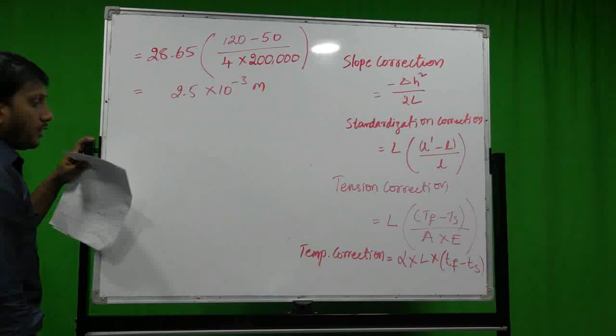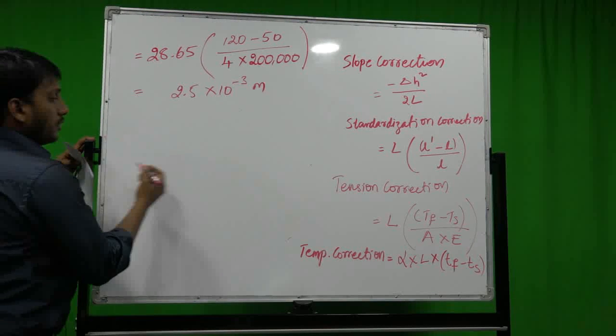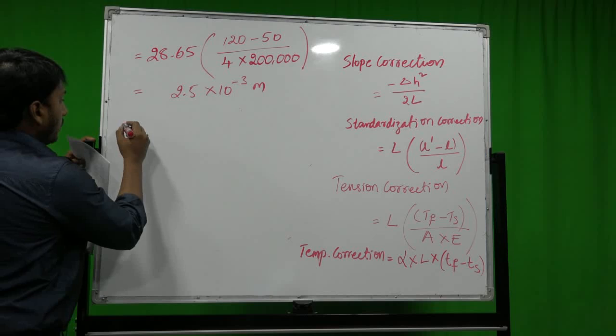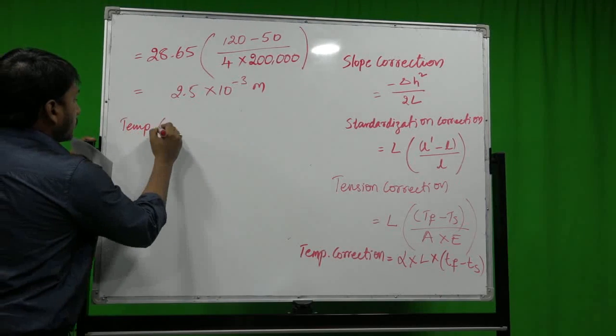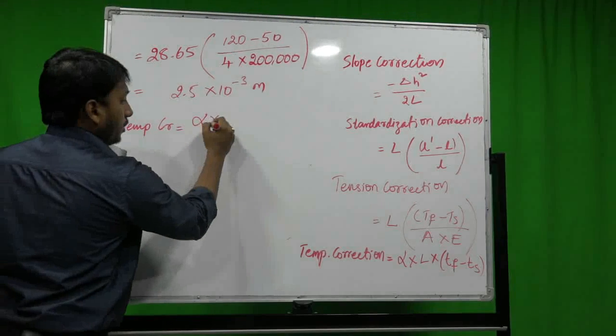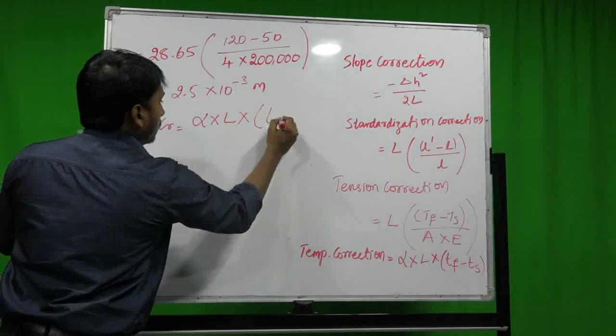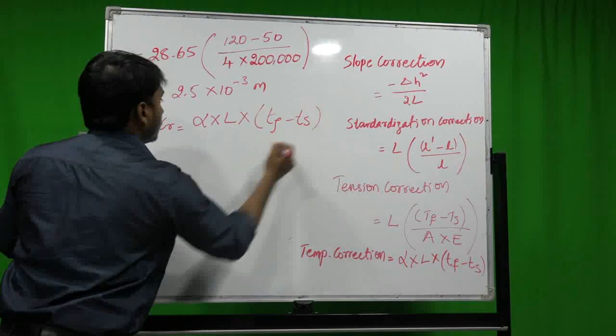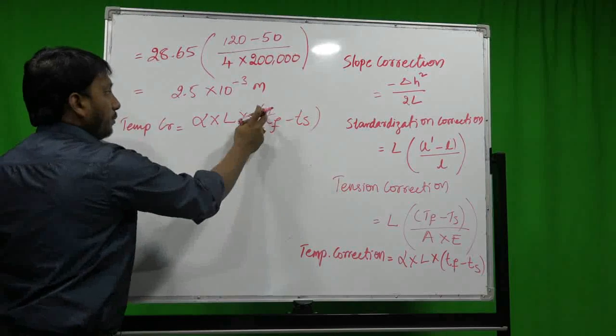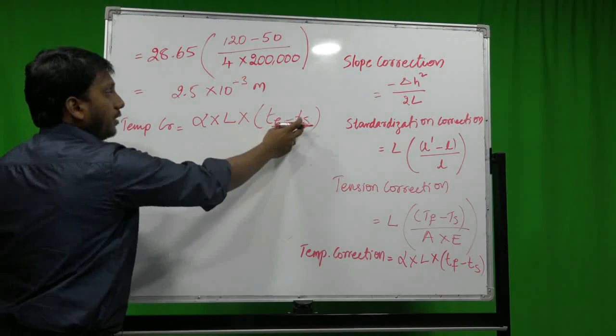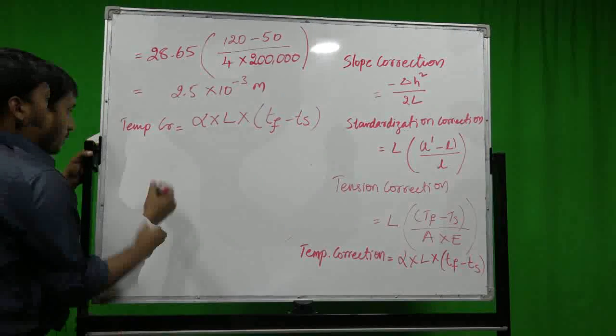When you want to calculate the temperature correction, you have alpha, so temperature correction is equal to alpha × L × (TF − TS), where TF is the temperature in the field and TS is the temperature when standardized.